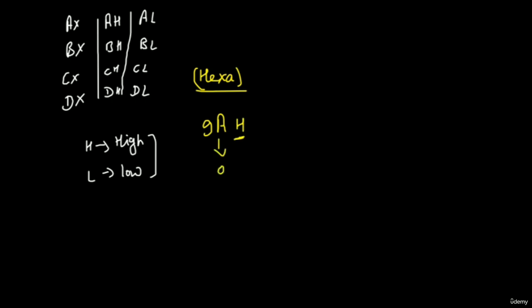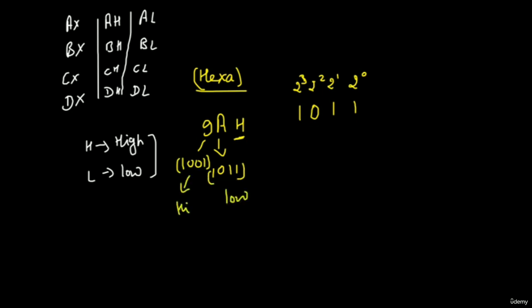So we can write 11 as 2 to the power 0, 2 to the power 1 and 2 to the power 3, so 8 plus 3 is 11. And for the 9 we require just 8 and 1. So this one is low, this one is high. That's it, nothing much really.